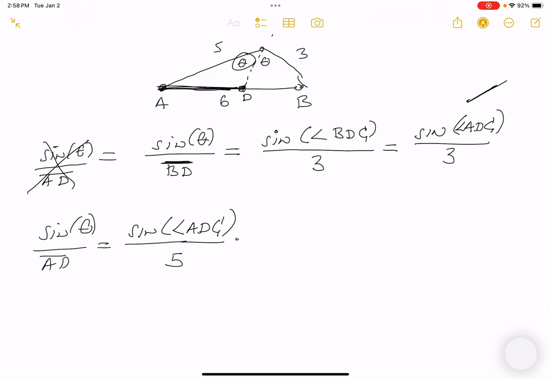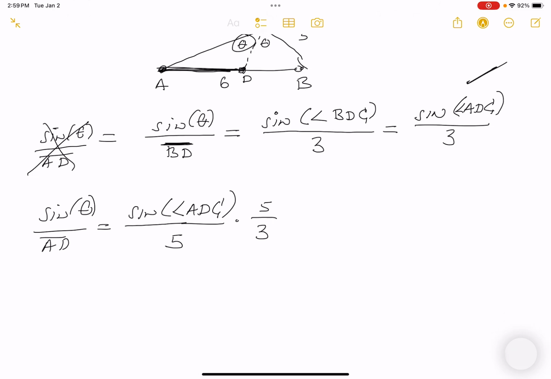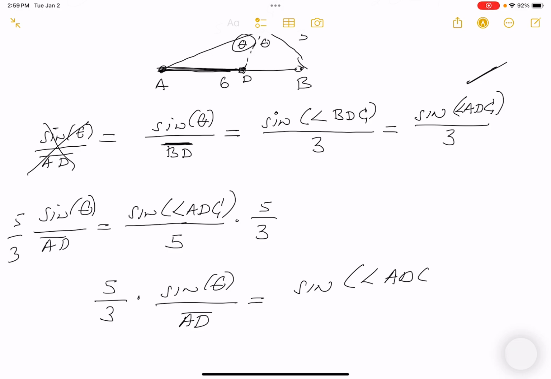And I'm going to multiply both sides by 5/3 now. So 5/3 times the sine of theta over AD is going to be the sine of angle ADC. These cancel over 3.